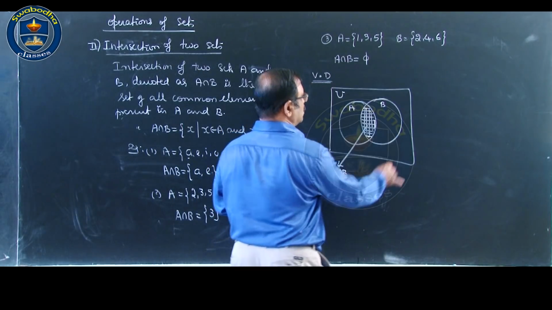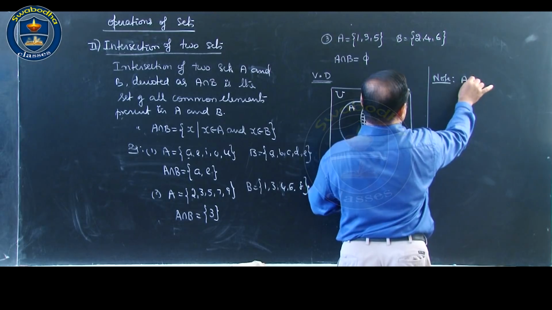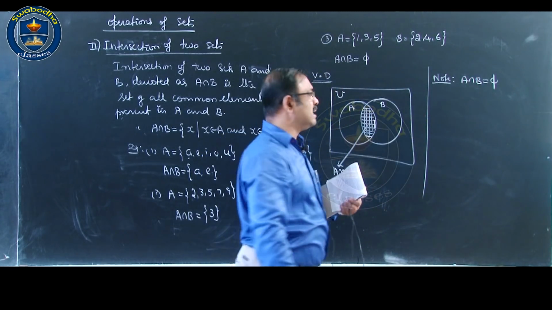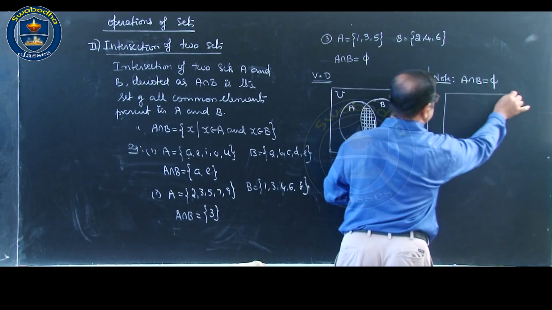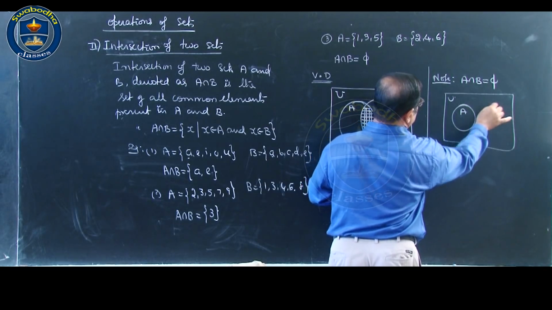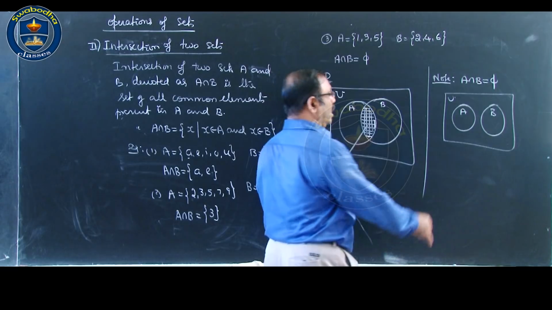Note, now A intersection B is the null set. A intersection B null set, what does that mean? See, this is U. Now, this is set A, this is set B. So, A and B are disjoint.